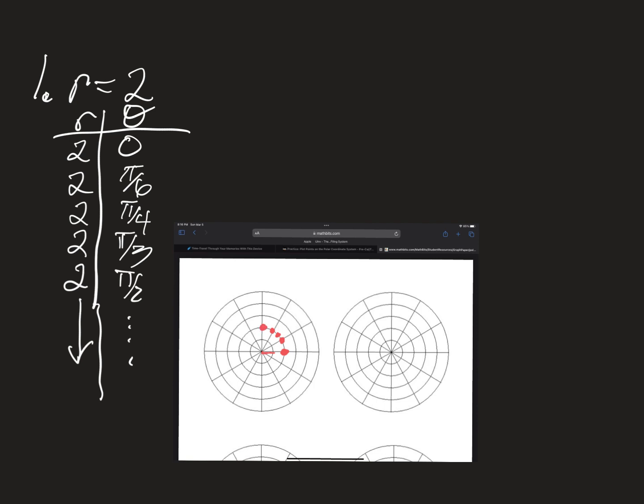At pi over 2, we plot 2. Do you kind of see what's happening here? What kind of graph are we going to end up with if we plot 2 no matter what angle we have? And so this becomes the way to graph a circle.